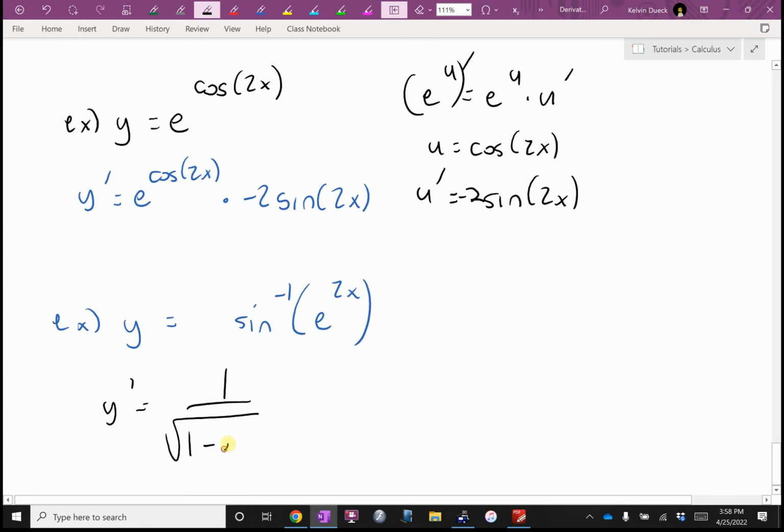So it's going to be e to the 2x all squared, which I think is going to be e to the 4x, times u prime. What's the derivative of e to the 2x? E to the 2x. Oh, times the derivative of what's up there. That's the answer.